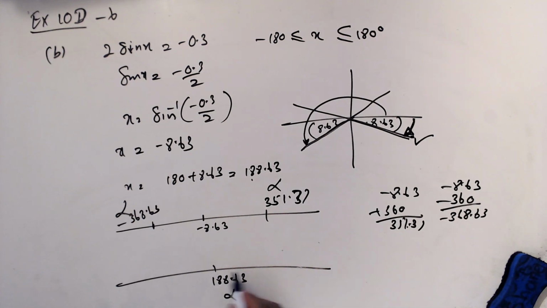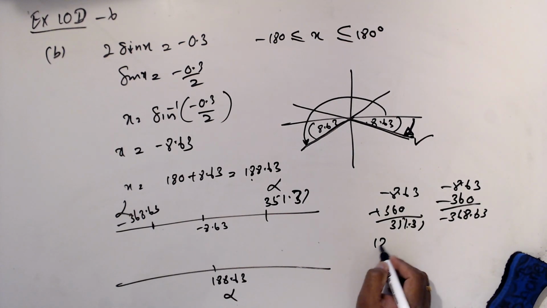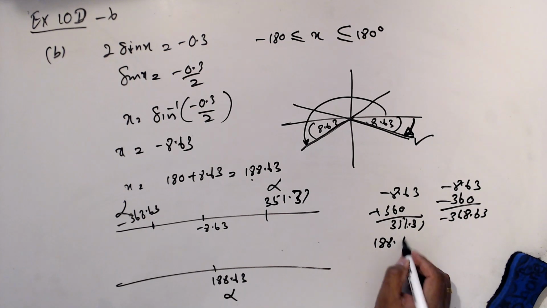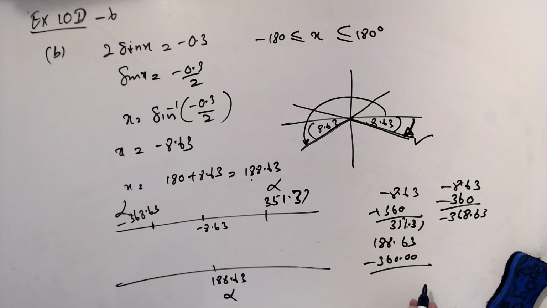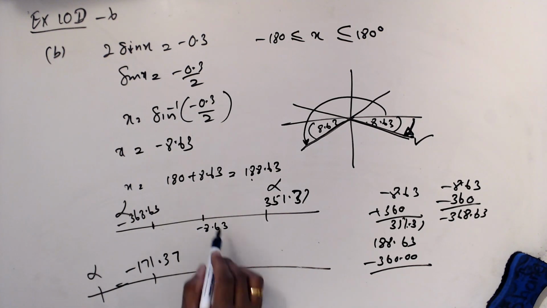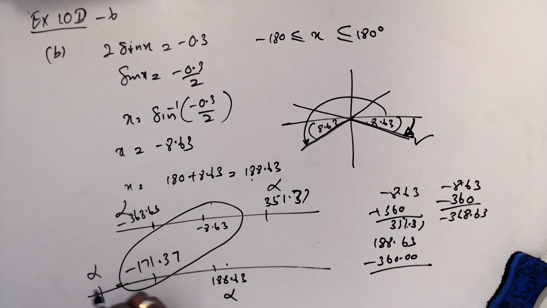It's no point of adding, so we'll take 360 out and see: 188.63 minus 360, that is minus 171.37. If you take another 360 out, we know definitely it is out. So this is also out, we have only two answers.